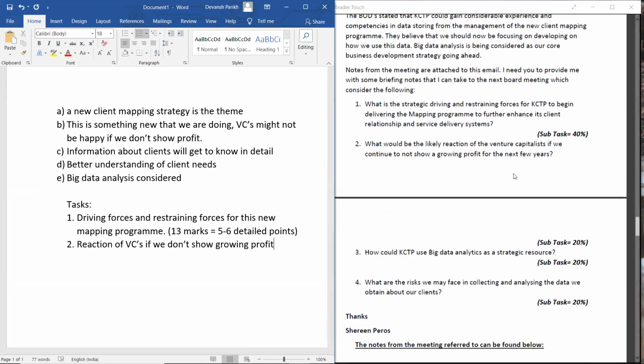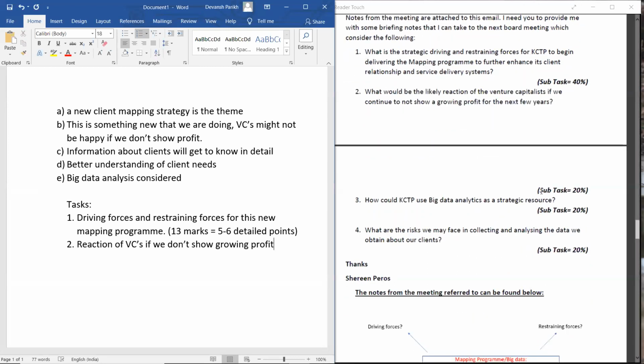And I think they have mentioned 20% of the marks. So 20 upon 100 into 33 gives me roughly 6 marks, right? So I will again write down over here 6 marks equals 2 to 3 detailed points.